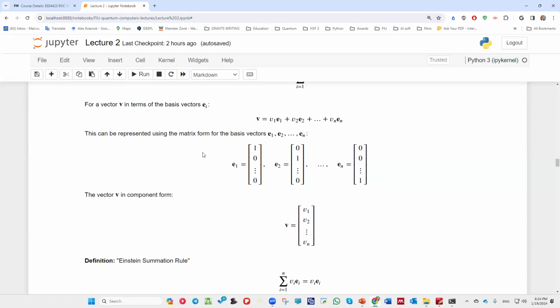Okay, so we will discuss, but essentially quantum computing is a combination of so-called quantum operations.